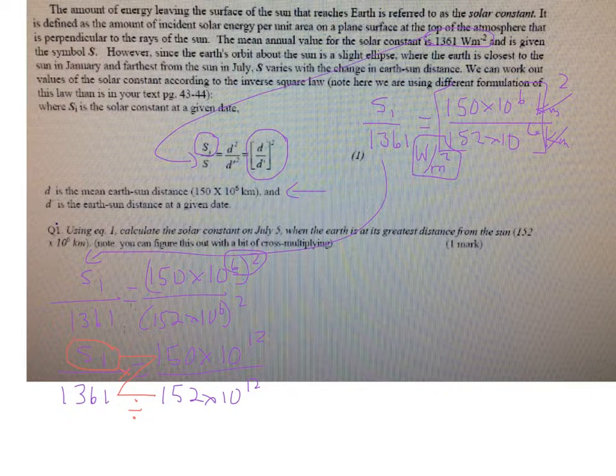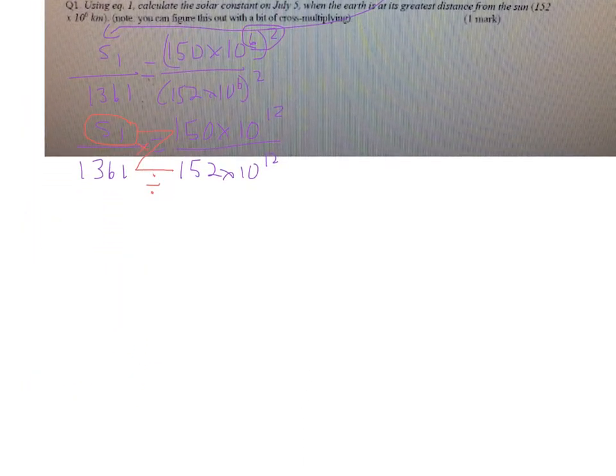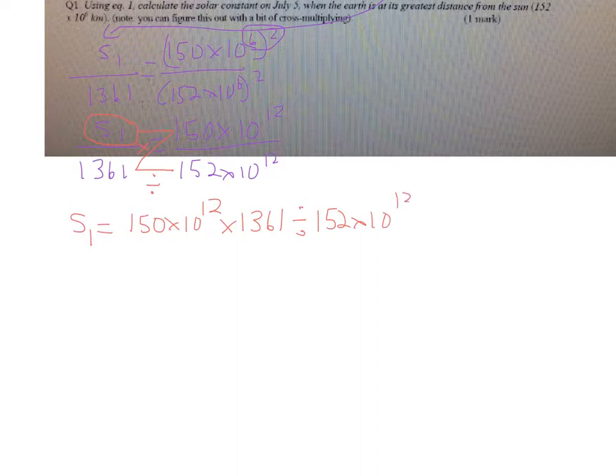So let me just try to move this up a bit. Here we go. All right. And so S1 is going to be 150 times 10 to the 12 multiplied by 1361 and then divided by 152 times 10 to the 12.